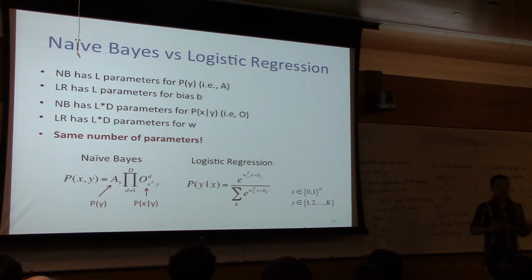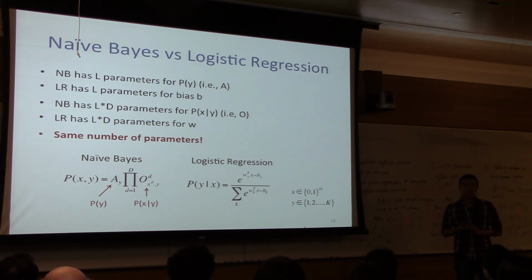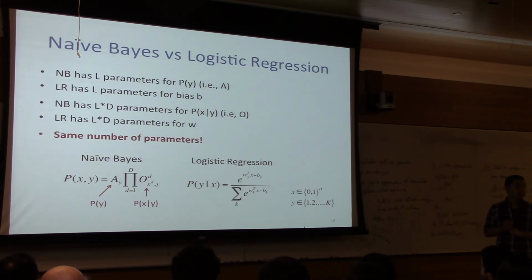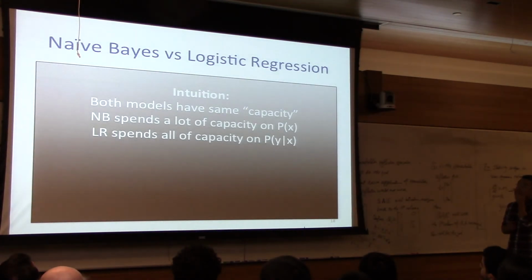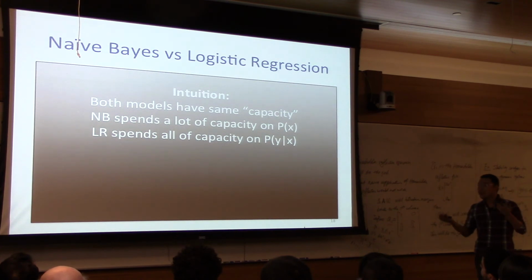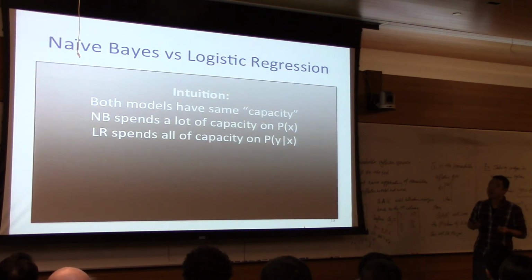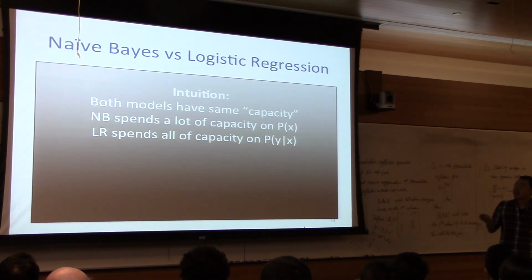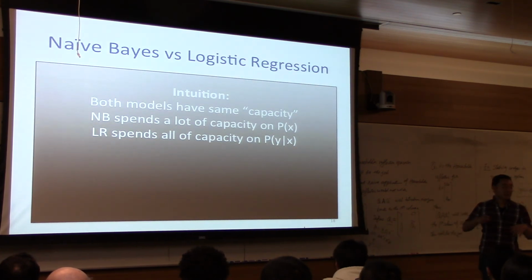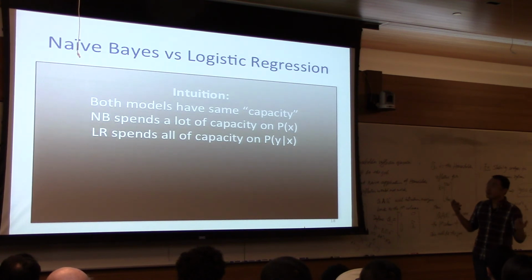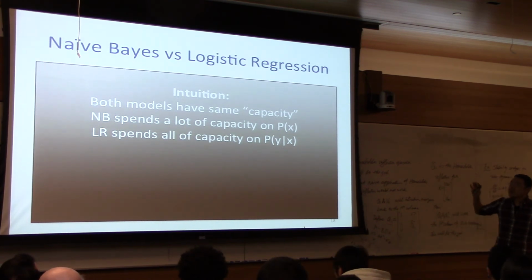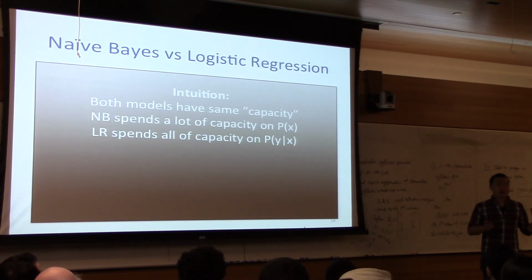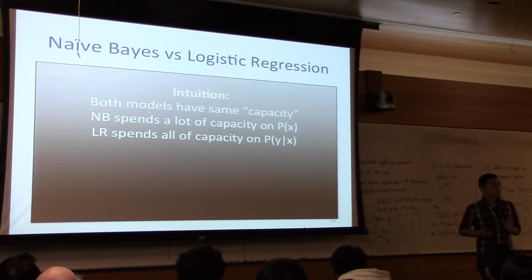In this very real sense, both logistic regression and naive Bayes have the same model complexity. Another way of phrasing it is that both models have the same capacity. On the one hand, naive Bayes spends a lot of that capacity on modeling P of X because it models the joint distribution. Logistic regression spends all of that capacity modeling P of Y given X.